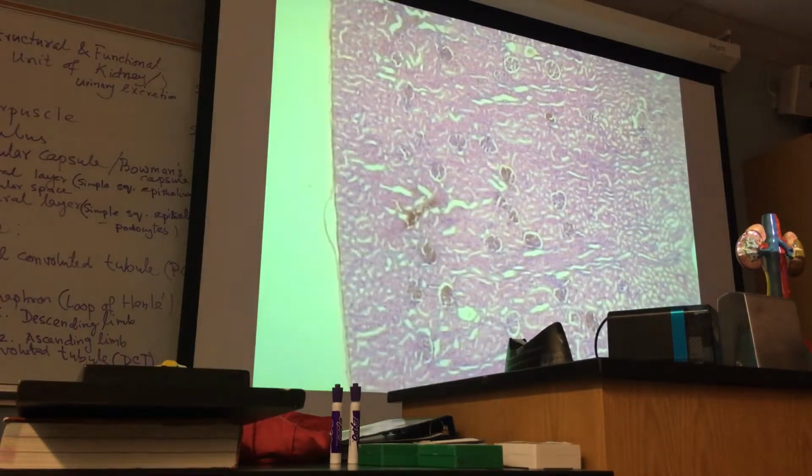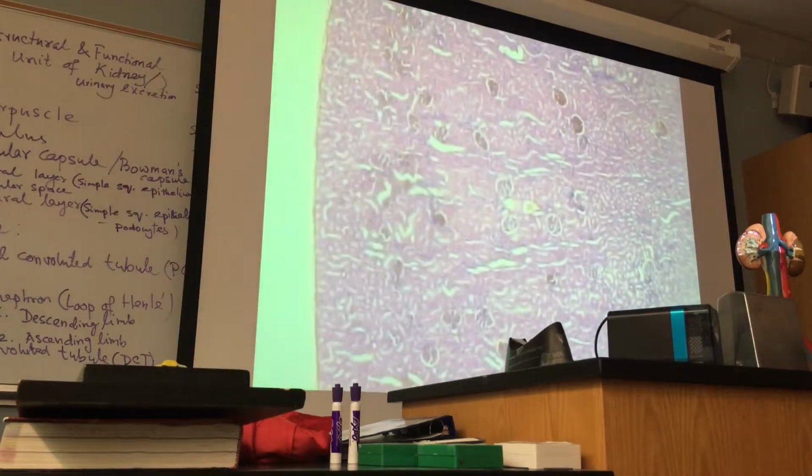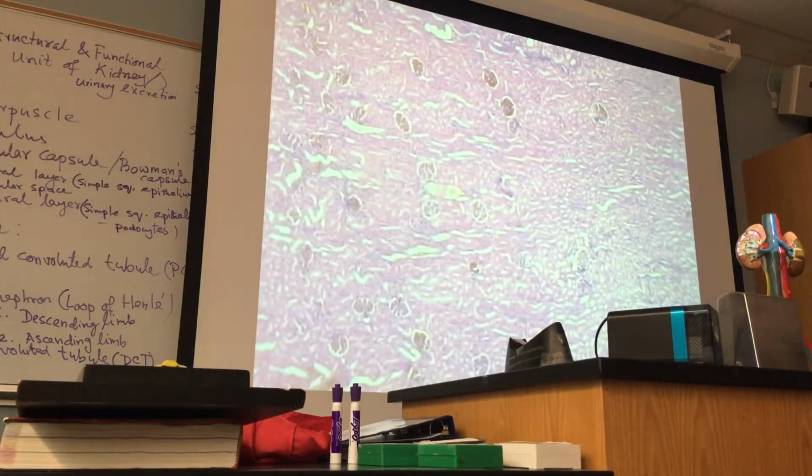And you can see the filtration unit. These are the glomeruli. These are the signature features for kidney. Look at that. These are glomeruli. The glomeruli are located only in the renal cortex.